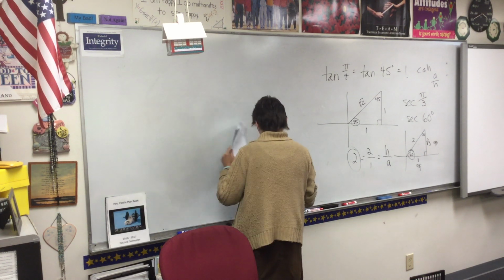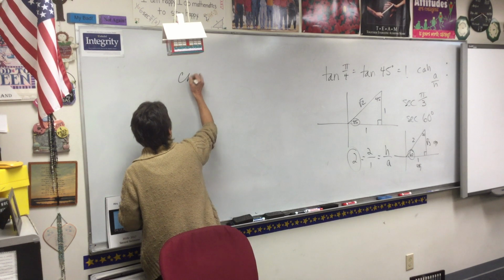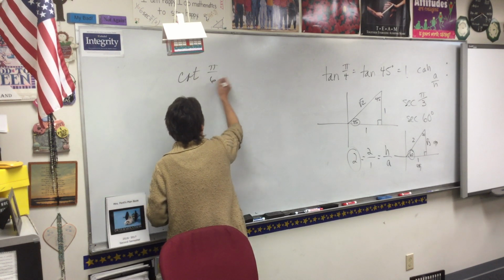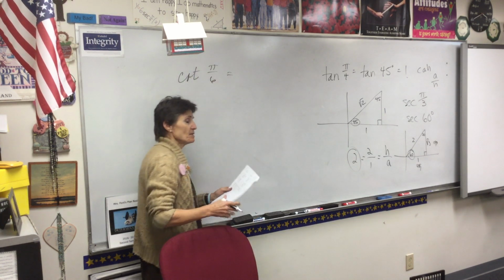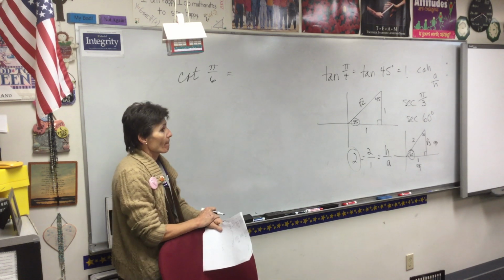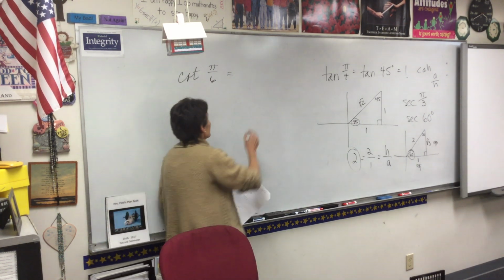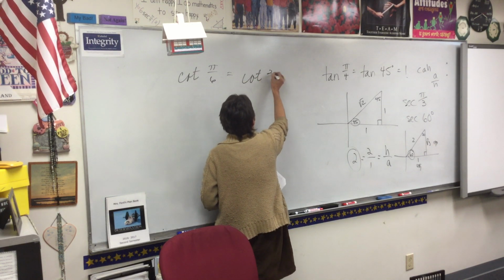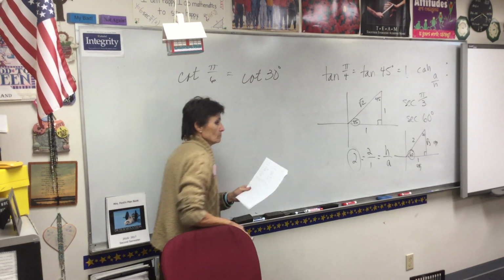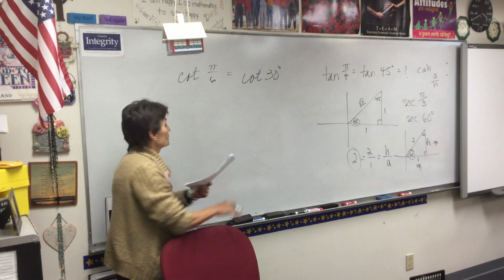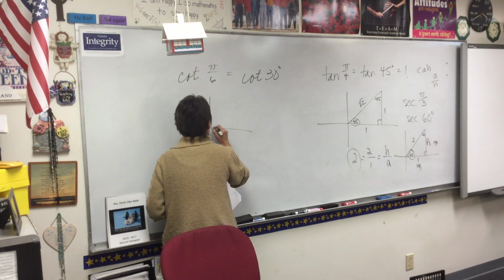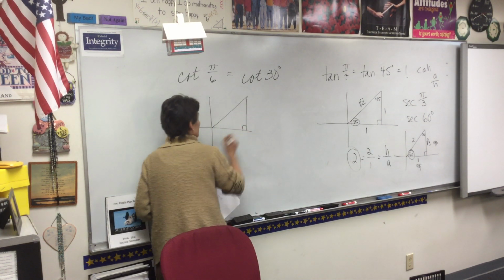Cotangent, pi over 6. Step 1, let's see, step 1. So that will be 30, cotangent 30. Step 2, draw your picture. And when I draw my picture, I always use this setup.